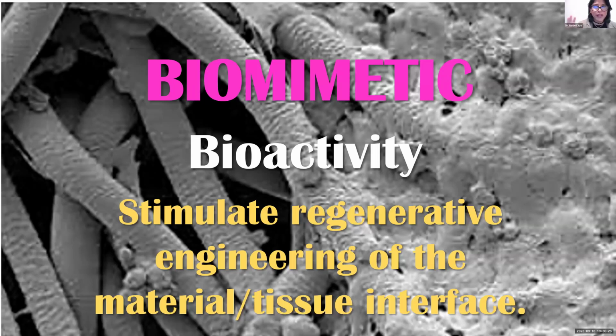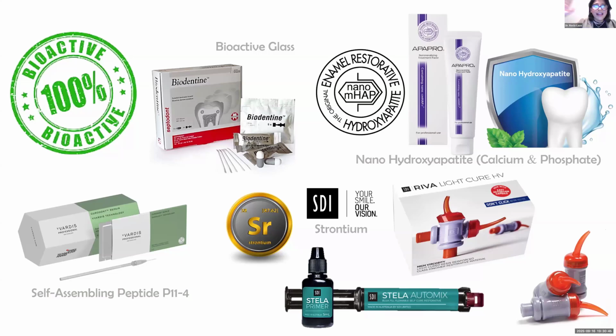Okay, when you work with bioactive biomaterials, it's important to have organic matrix. In the case of enamel, the organic matrix is the amelogenins, and in the case of dentin, the organic matrix is the collagen fibers. Okay, we are ready right now to talk about these bioactive biomaterials.